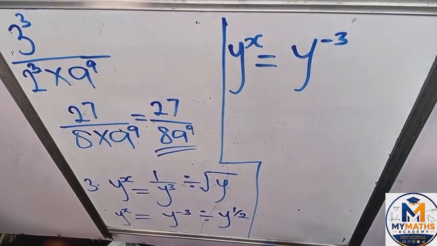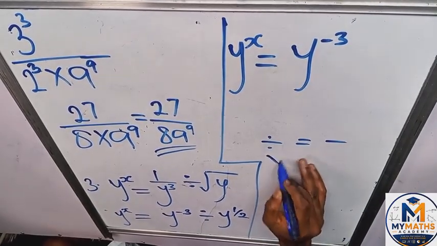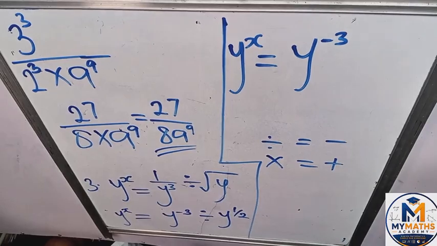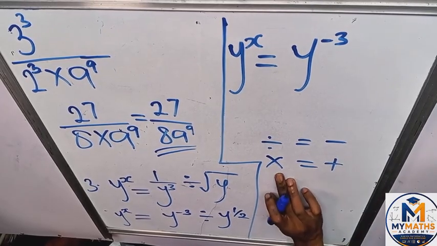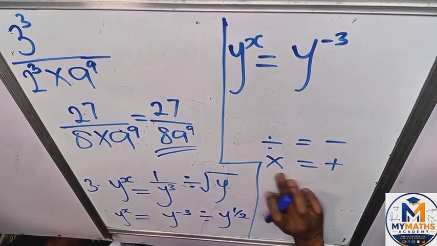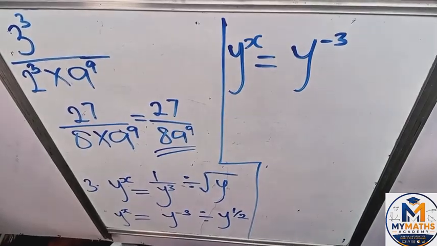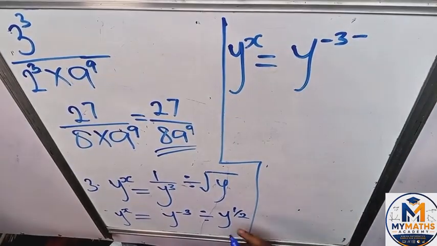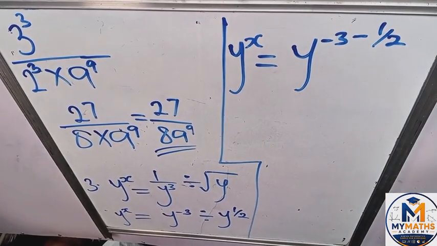Remember, this is divide, and division is equal to minus, and multiplication is equal to plus. Their powers is always equals to minus. Why, the powers of y, this one is also equals to plus. So therefore, this one is going to be minus 1 all over 2. Exactly.